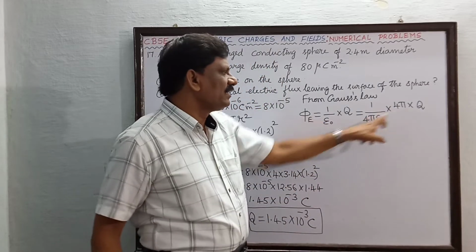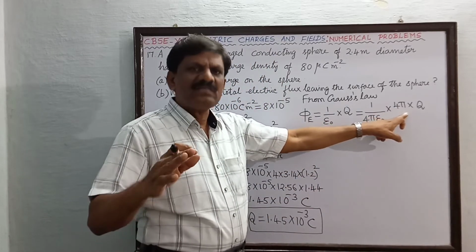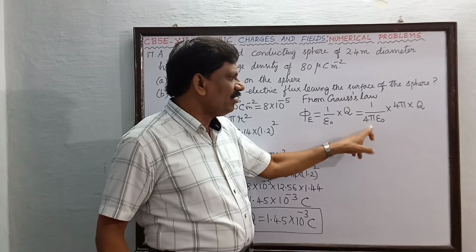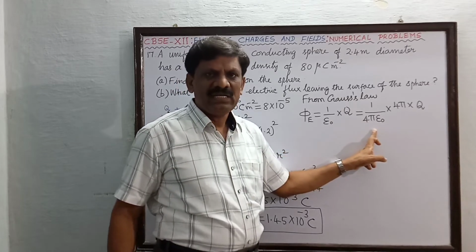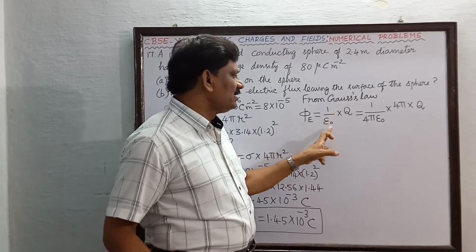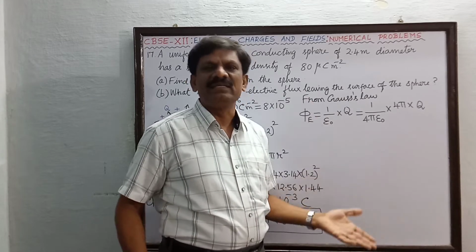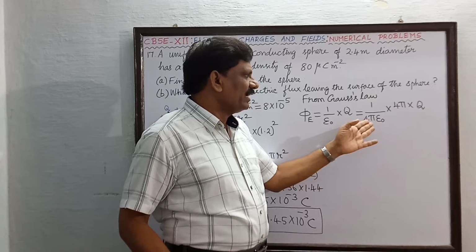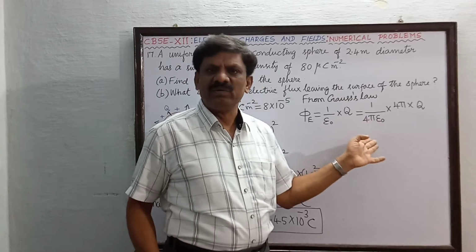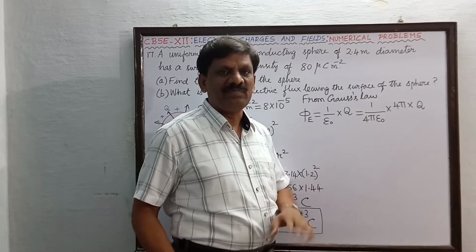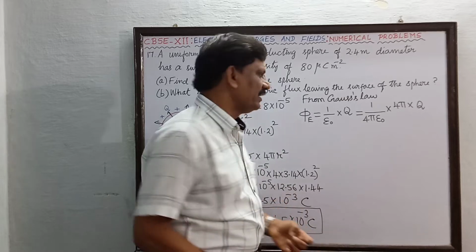I have adjusted this 4 pi because we know the standard value of 1 by 4 pi epsilon naught. Instead of dividing this charge by 8.854 into 10 power minus 12, we can better multiply by 9 into 10 power 9. That will be better always. Multiplication is easier than division. That is why.